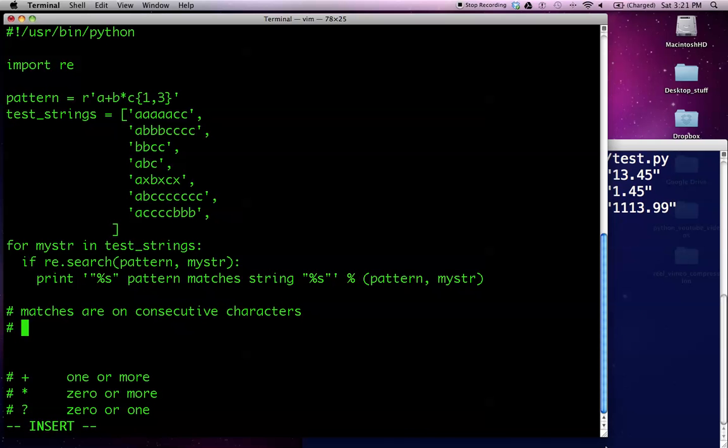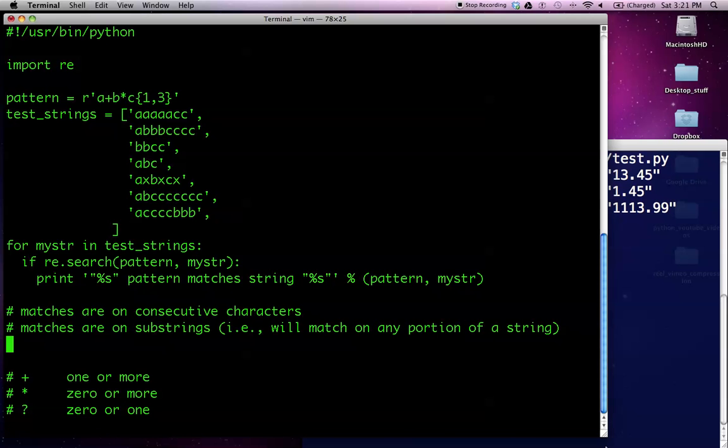And the other one was that matches are on substrings, i.e. will match on any portion of a string. Okay? So let's look at these, and knowing what the pattern is, what does this pattern say? Let's look at this pattern closely. It says 1 or more A's, followed by 0 or more B's, followed by between 1 and 3 C's.